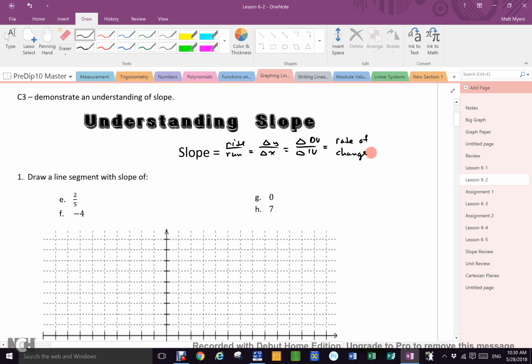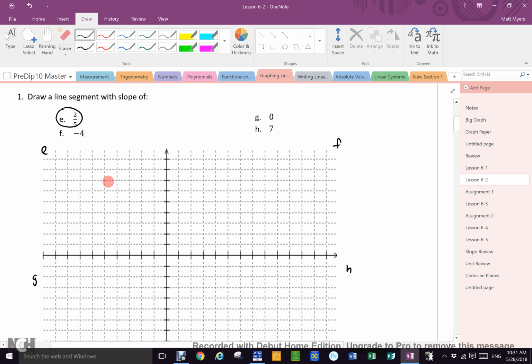I need a line with that slope in the E quadrant, a line with that slope in the F quadrant, a line with that slope in the G quadrant, and a line with that slope in the H quadrant. Why am I not telling you where to start? I have my reasons. Go.